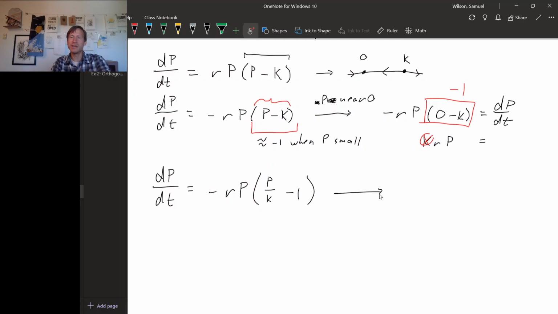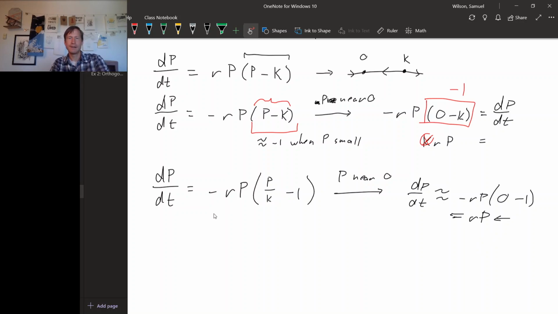But now when we make our approximation where p is near 0, the differential equation turns into minus r times p times, since p over k is approximately 0, minus 1, so we get rp. And that's what we wanted. So if our population is near 0, then we get the population growth as if it's unconstrained.